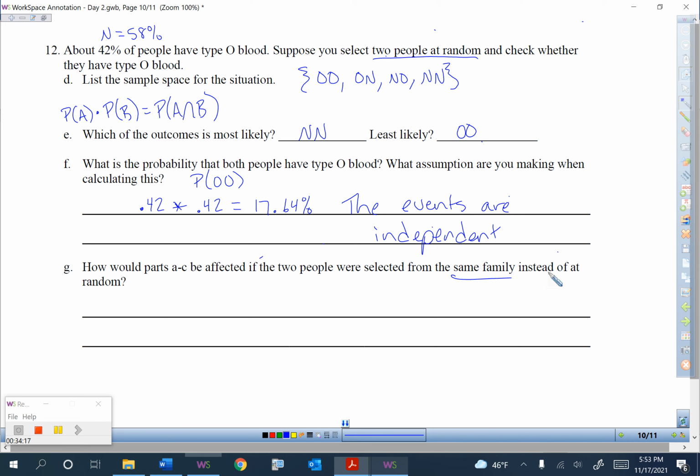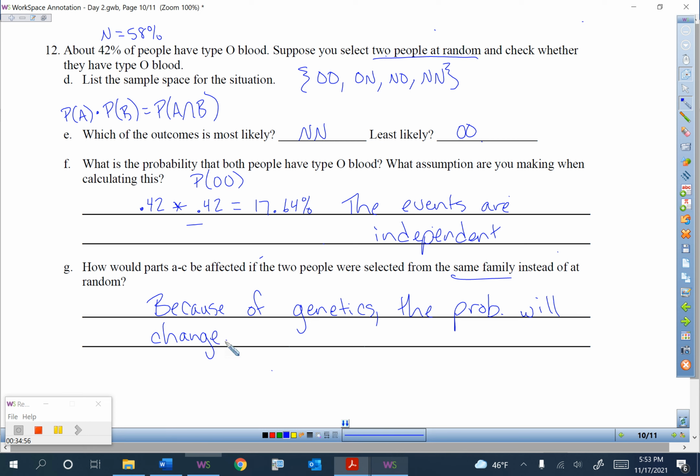Okay, for this one, it wouldn't be a good idea to multiply those, because if one person has type O blood, that makes the next person in the same family much more likely to also have type O. Okay, so because of genetics, the probabilities will change, either more likely or less likely to have O, based on what ended up happening.